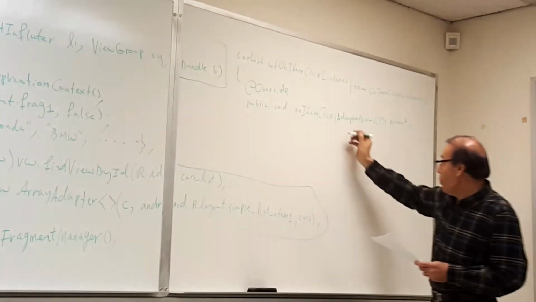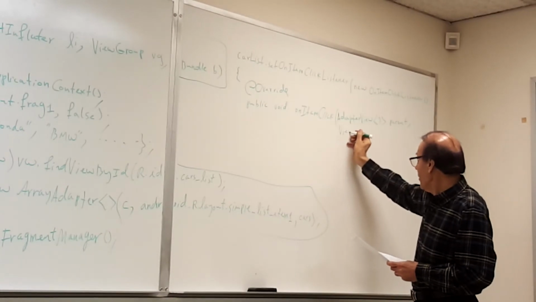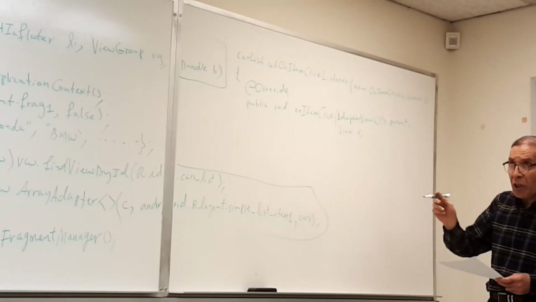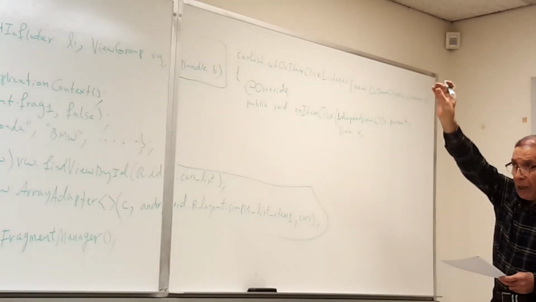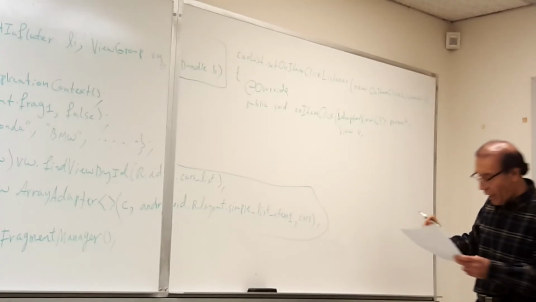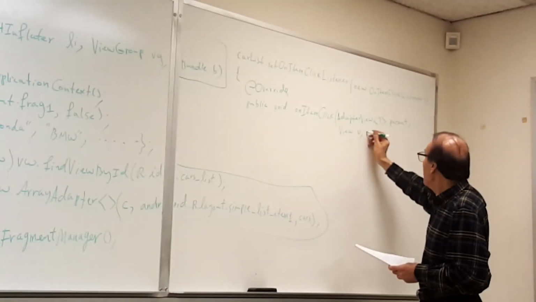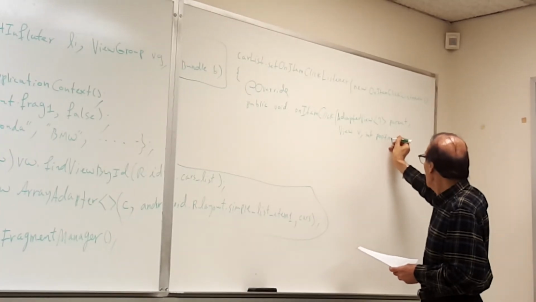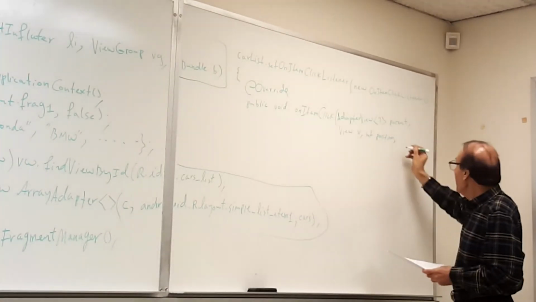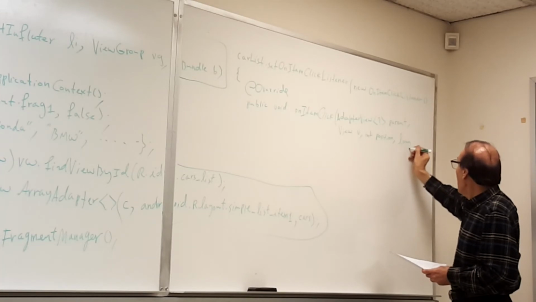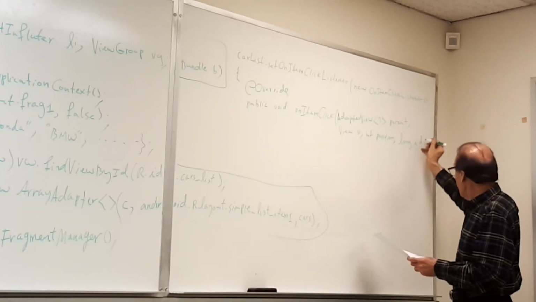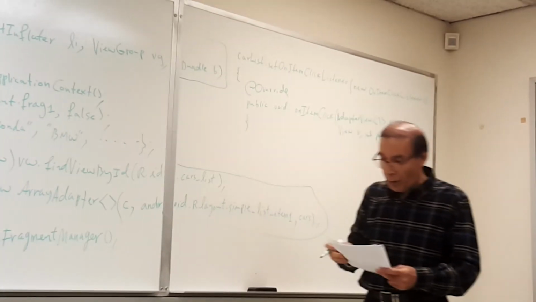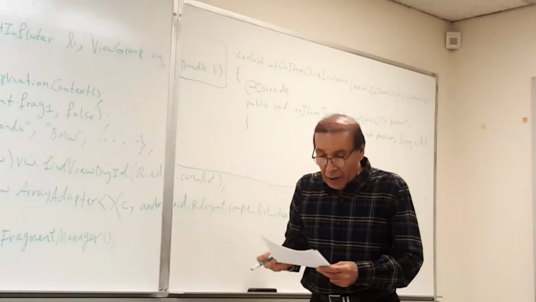Then the View, and an integer position. Position means where in our list view the item was selected. And finally, the ID, which we are not using, in this simple program.